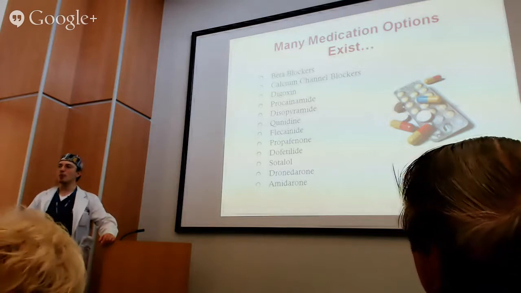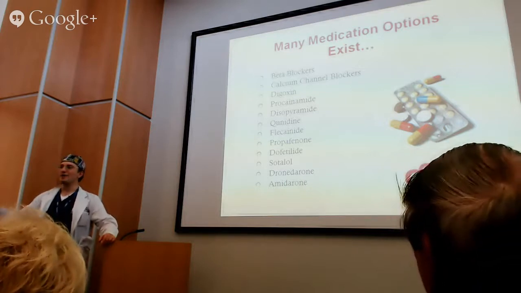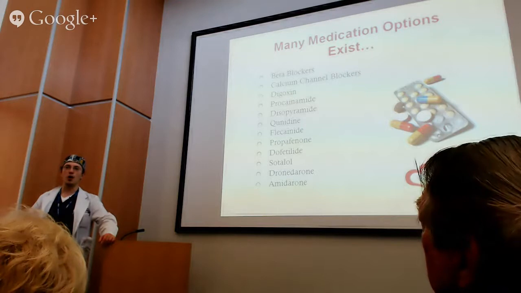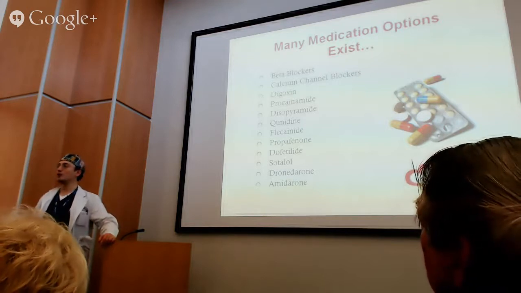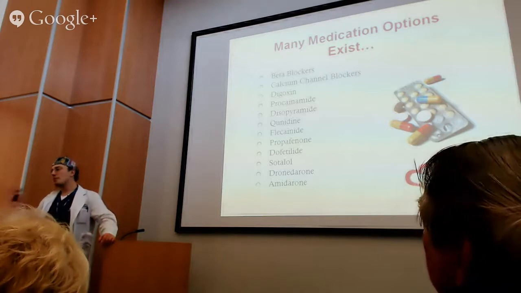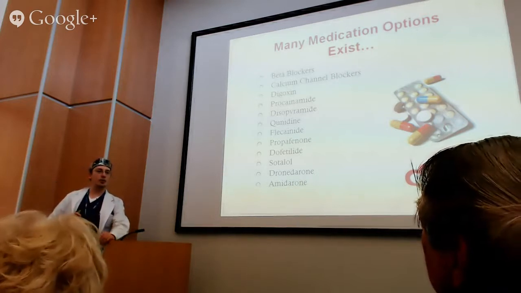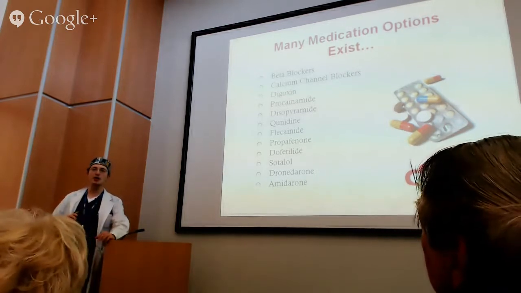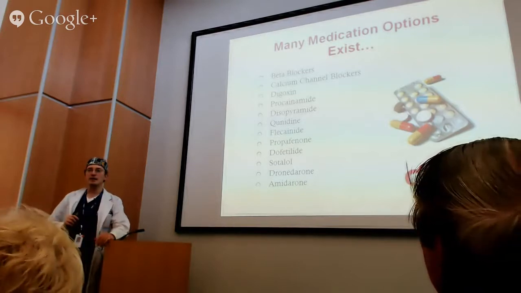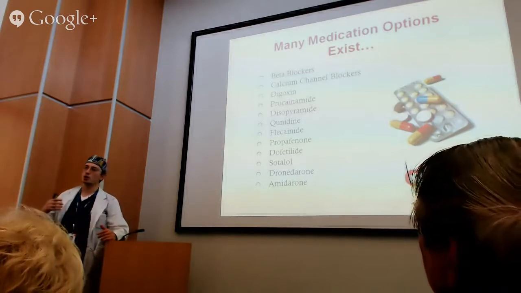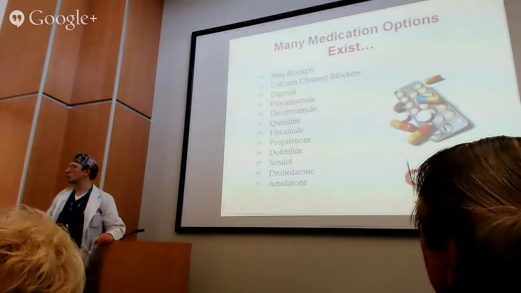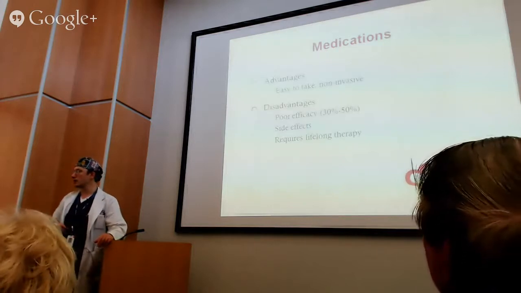The obvious problem with this picture is that if any one of these medicines would work very well, why would you need so many? So the problem is that although in many patients you can get the arrhythmia under control with medications, in the majority of patients the success is not so great, and frequently we need to go on to bigger and better things to treat the condition.